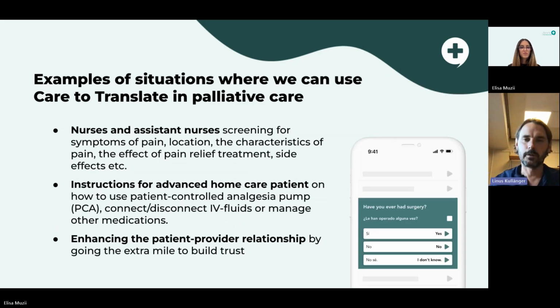So I'm just going to put up some examples of situations where I use Character Translate in palliative care. I already mentioned this, but nurses and assistant nurses usually use the app for screening for symptoms. And as Lisa showed a bit, you can screen for symptoms of pain, like the location and the characteristics of the pain, but also the effect of the pain relief treatment that you're giving, which is of course very important, especially in the specialty we work in, where we use a lot of pain relief treatments.